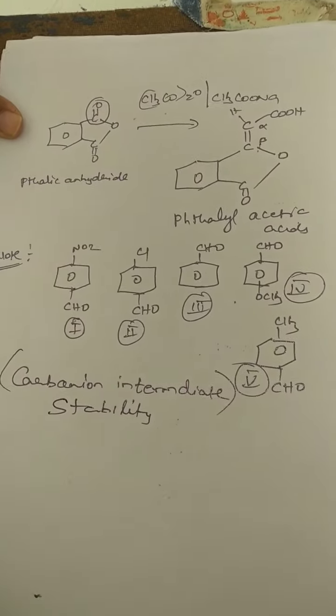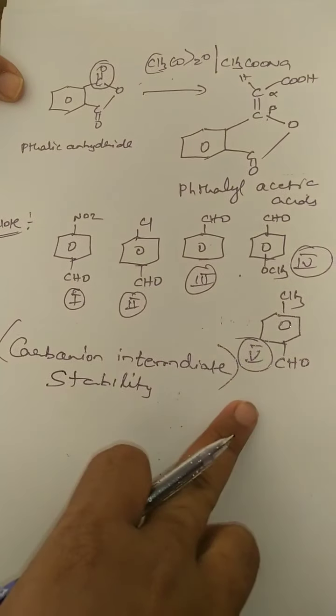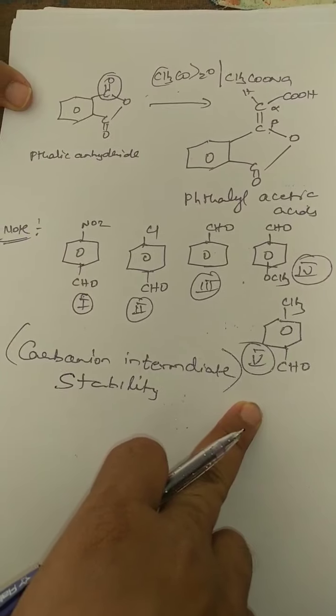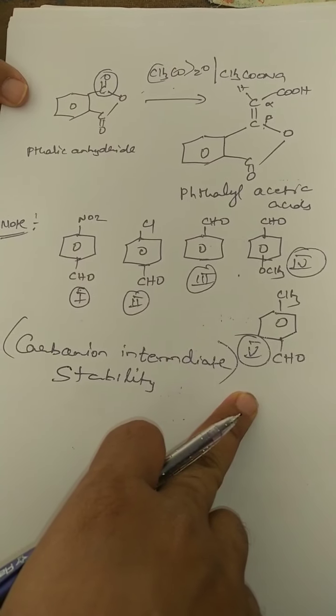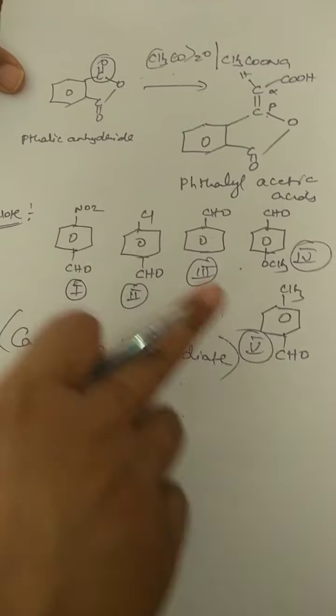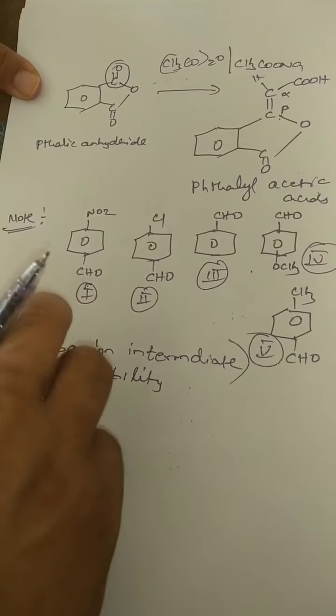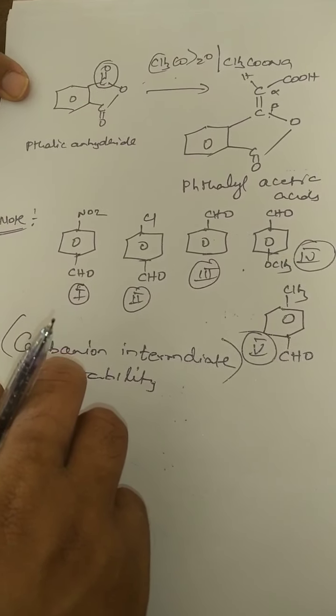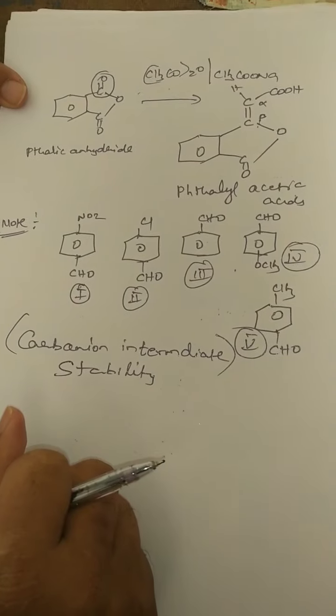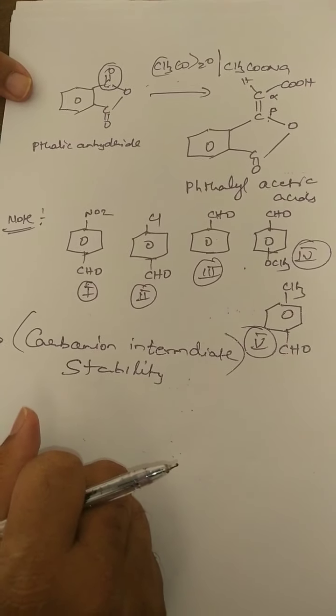Now they will ask you, arrange the following compounds in decreasing order of rate of Perkins reaction. Which compound will undergo condensation effectively with acid anhydride during Perkins reaction?